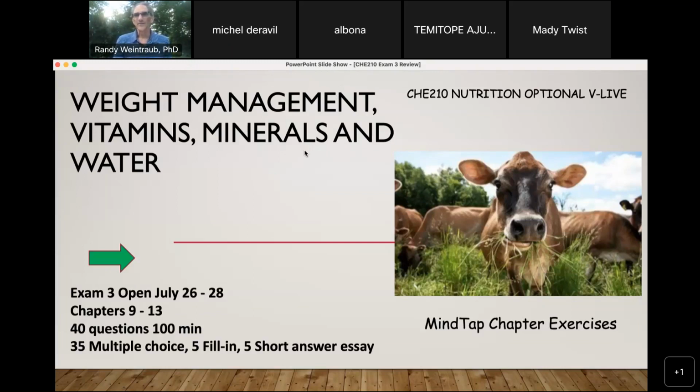The other part we have here is some key things to know about vitamins, water soluble, fat soluble, and I have kind of highlights from the textbook, and hopefully what the exercises in MindTap are helping you get familiar with.